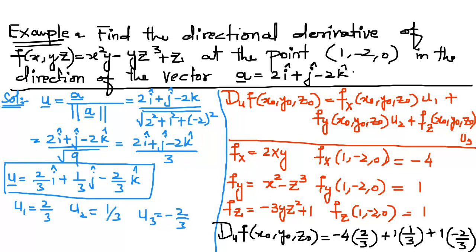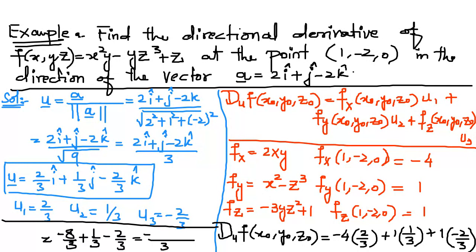So you can simplify it like this: that is equal to minus 8 over 3 plus 1 over 3 minus 2 over 3, which is equal to minus 8 plus 1 minus 2 over 3, which is equal to minus 9 over 3. So this is the answer, minus 9 over 3. Okay.